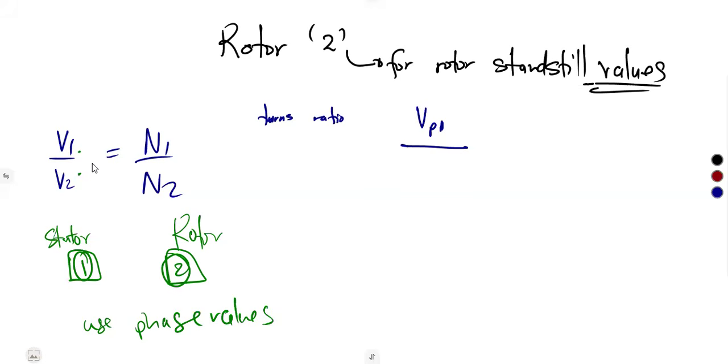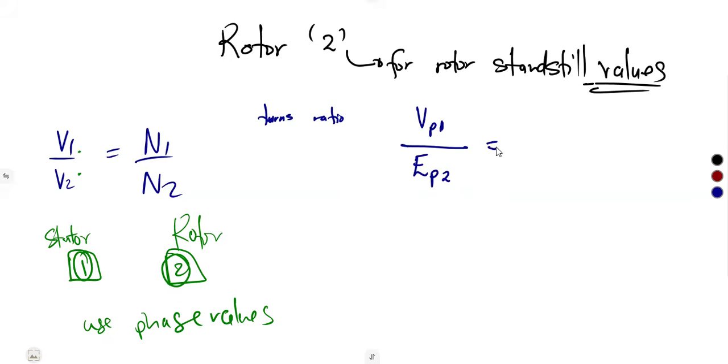Remember, that is where the rotation is starting. So we're going to take that one as the induced EMF. But remember, it's per phase. The 2 is representing the rotor. So it's stator to the rotor.